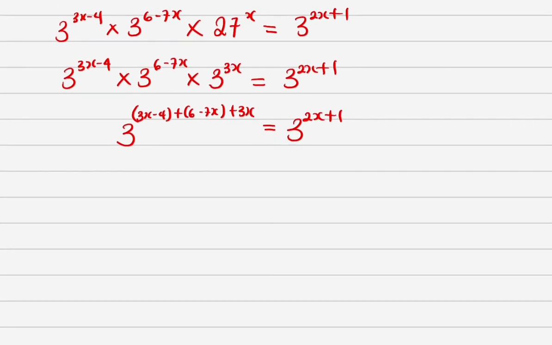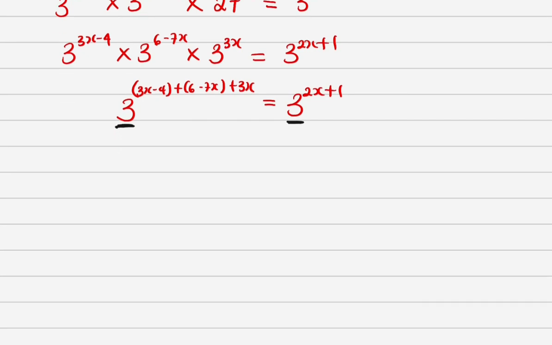Now, if you check, the base here is 3 and the base here is 3, and we are told that they are equal to themselves, then the powers must be the same. So I'm going to have 3x minus 4 plus 6 minus 7x plus 3x is equal to 2x plus 1.